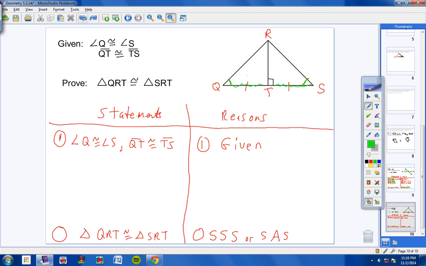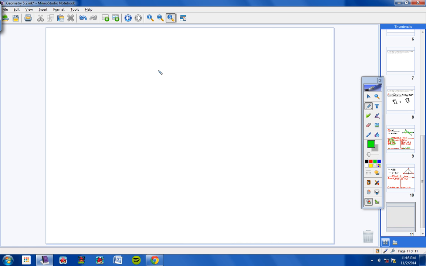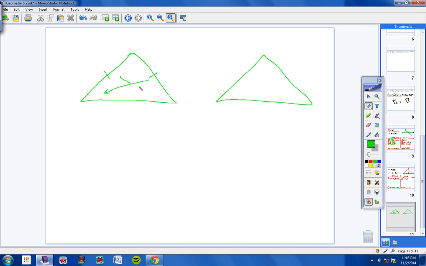Look at this. Remember what we learned, guys? A while back, we learned this. Let me get a clean page up here. We learned that if two sides of a triangle are congruent, then their opposite angles are congruent.